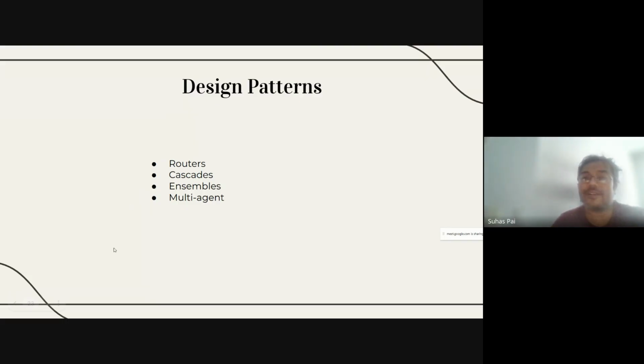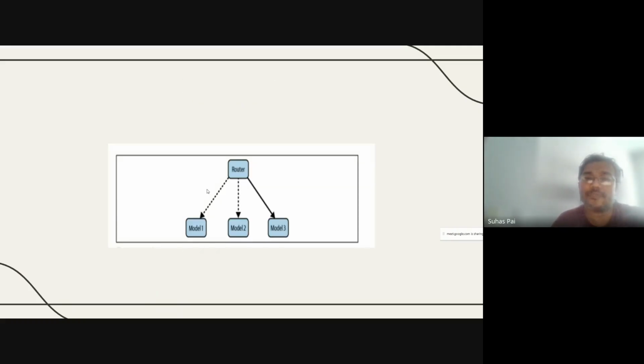One way to structure all of these models together is using a router. A router could be a model, but it could just be a piece of software that selects, for a given prompt, which model should do the next generation.